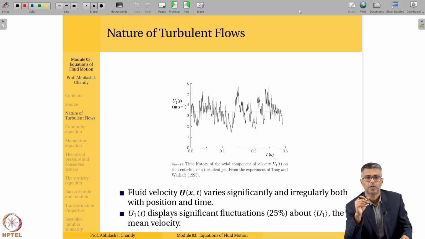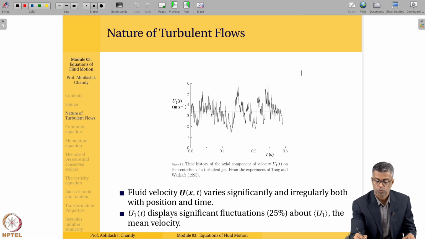So what is shown on this slide is the velocity recording in a turbulent jet experiment. It is the time history of the axial component of velocity on the center line of a turbulent jet.